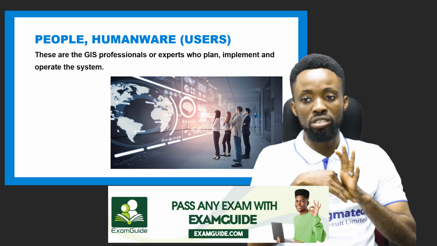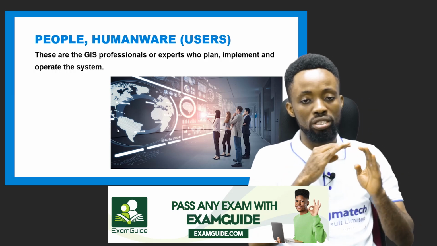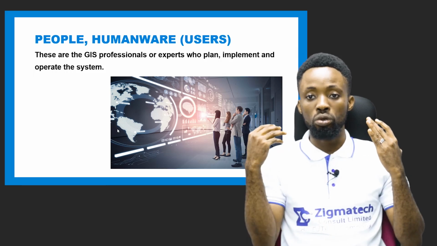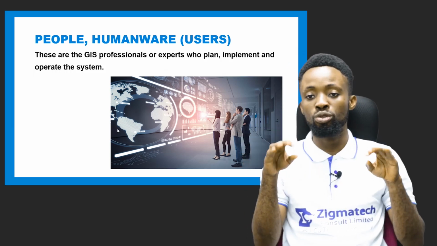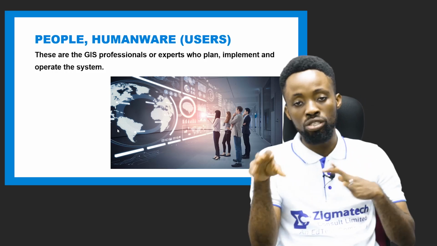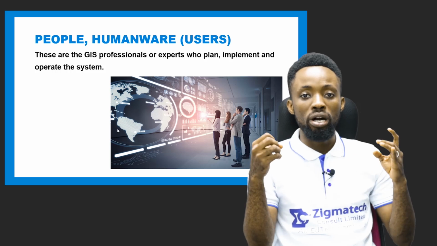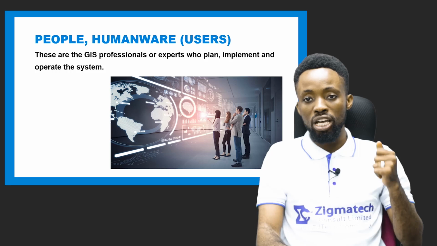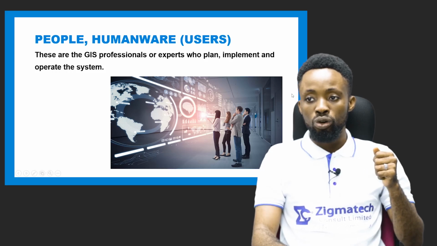All of those professionals that use the GIS system are seen as the humanware or the peopleware. They interact with the hardware and software components to get GIS information. That's why we call it peopleware.